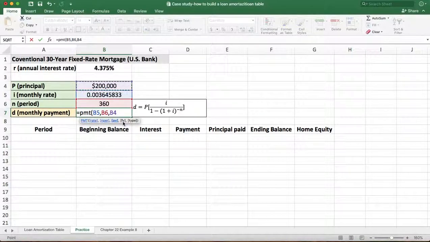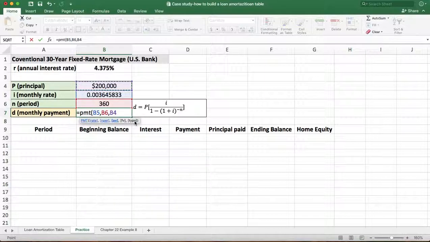So future value at the end of 30 years shall be 0. Because the default setting is 0, we don't need to type anything. The type is whether the monthly payment is made at the beginning of the period or at the end of the period.